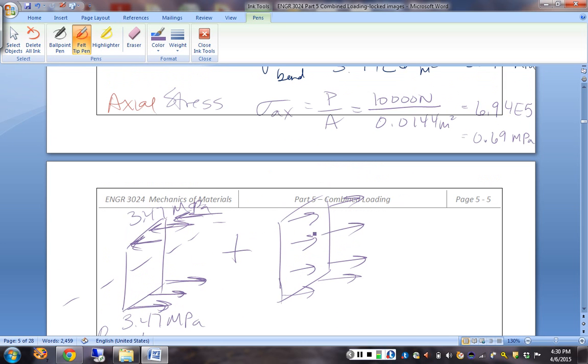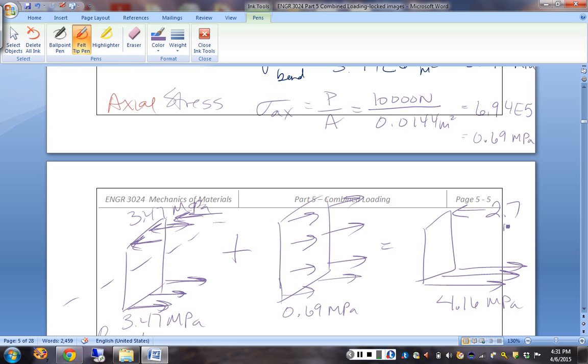How big are these guys? They're the same everywhere, but they're only 0.69. So it doesn't quite cancel out. But overall, you end up with what? You end up with 3.47 minus about 0.7, so about 2.7 compressive at the top, and 3.47 plus 0.7, or 4.16 at the bottom.